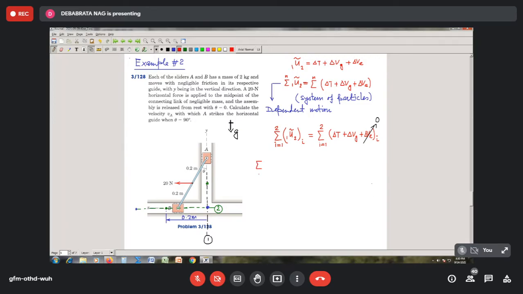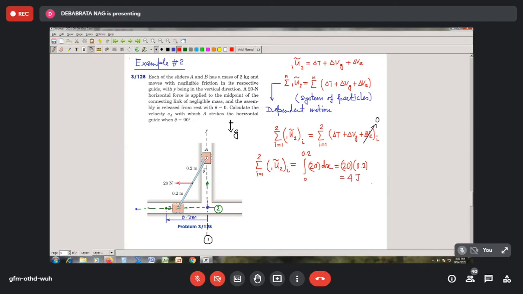The summation for i from 1 to 2 of 1 u tilde 2 i is equal to the work done by this 20 Newton force, which is the integration from x equal to 0 to x equal to 0.2 of 20 dx. In other words, it becomes 20 times 0.2, which is 4 joule.